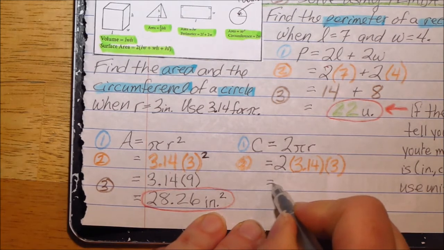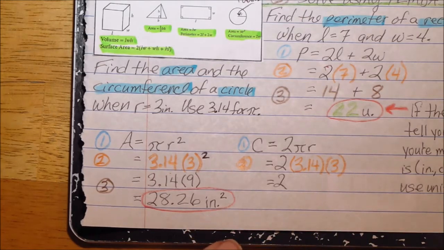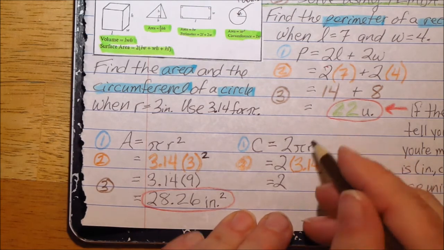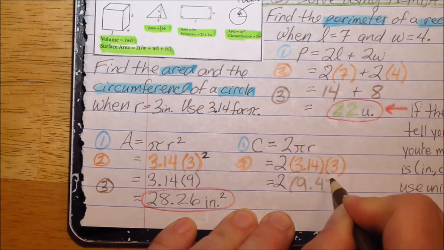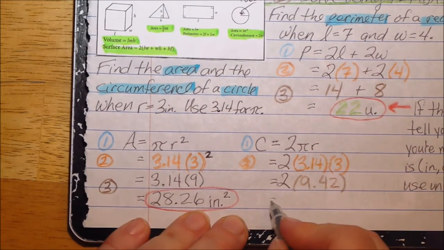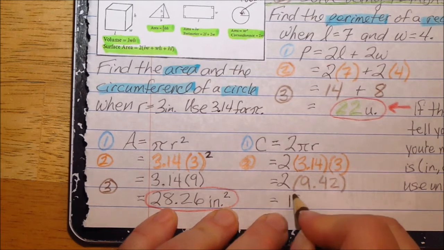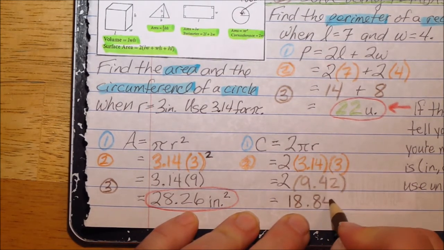The first thing I would do is bring down that whole number and take care of these first. So 3.14 times 3 is 9.42. Now we multiply the 2 times the 9.42 to get our final answer, and that is 18.84.